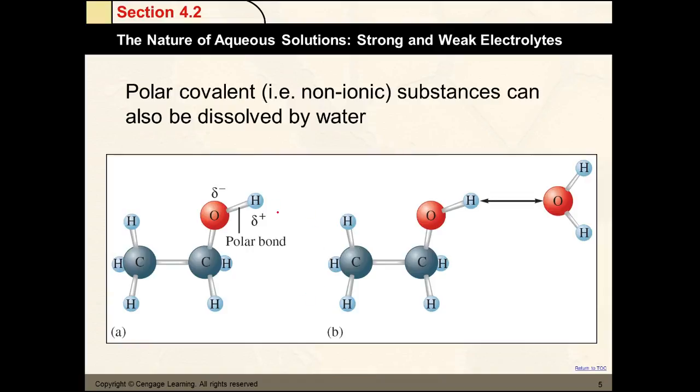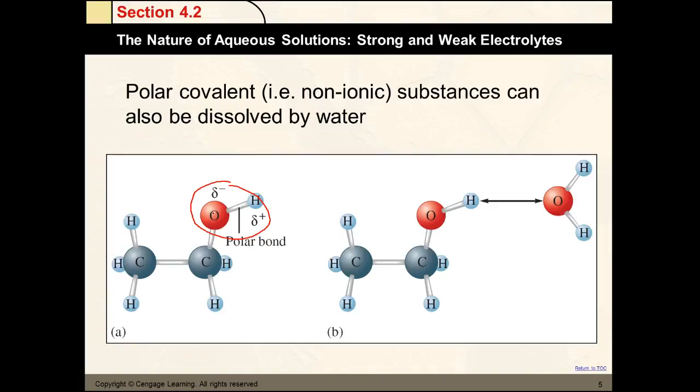So let's take a look here at this illustration as well. This particular molecule is not ionic. Notice there's no positive cation. There's nothing like NaCl, where you have one cation and one anion. Here we've got a bigger molecule, and it's called polar covalent because of this part right up here. This is what makes the molecule polar.